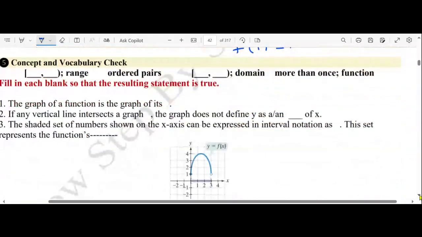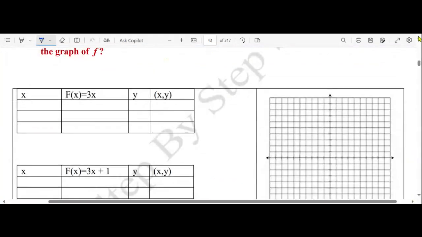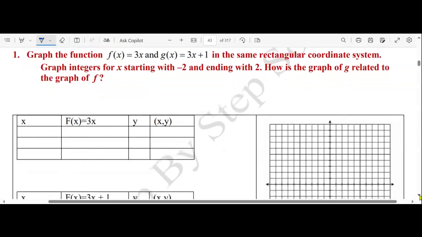This is concepts and vocabulary. You need to do that. Now let's go and do some graphing. Here I have f of x equal what? 3x. So I'm gonna use a few points.